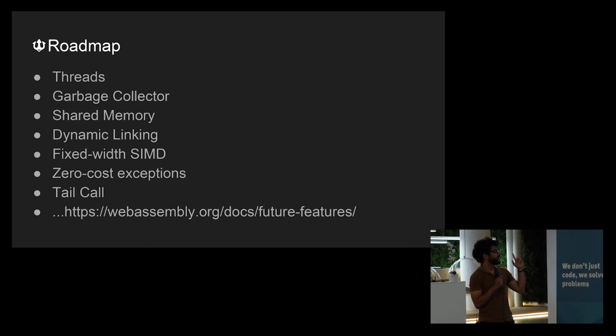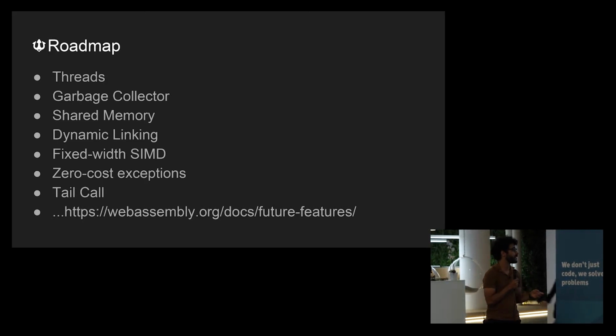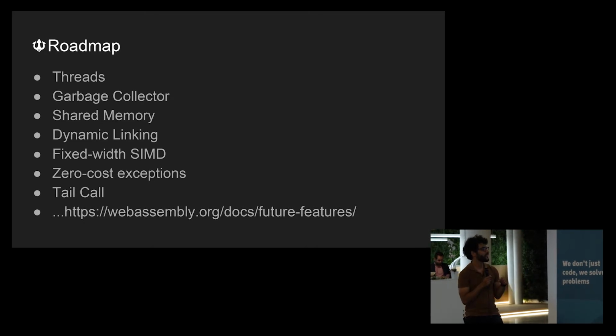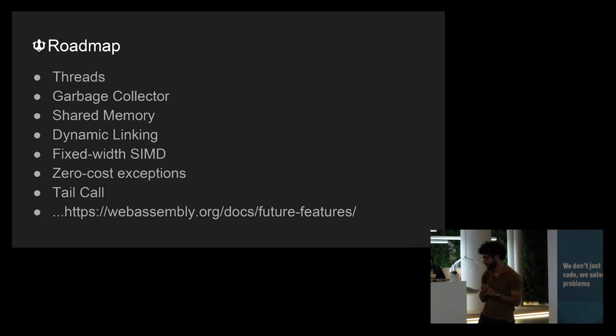They want to have dynamic linking, fixed-width SIMD, instructions with multiple data. They tried to introduce that to JavaScript, but the community didn't want it, because now there is WebAssembly. They want zero-cost exceptions. There are exceptions right now, but you can look at the link below, everything they want in the future.